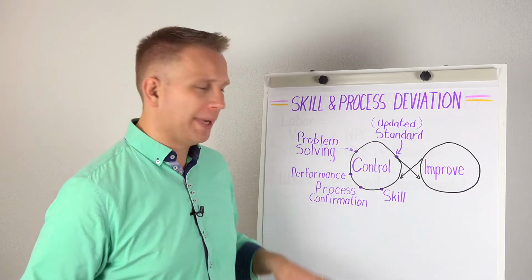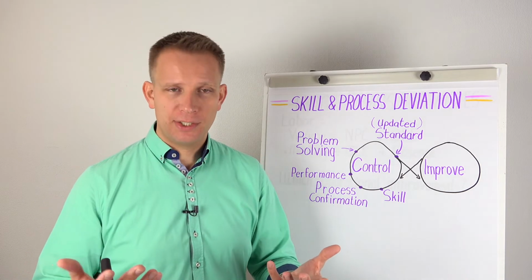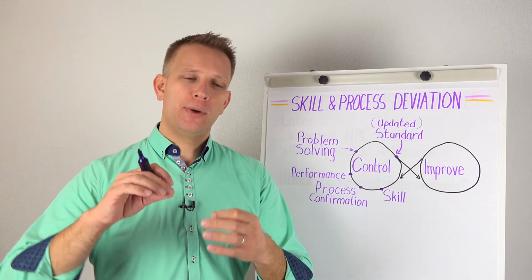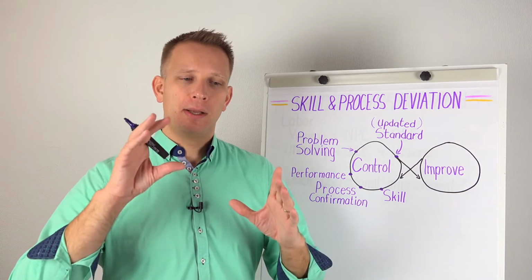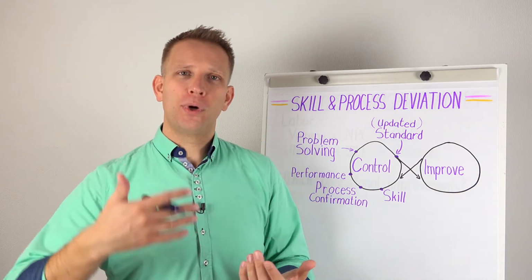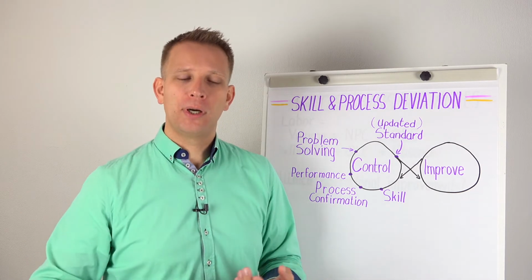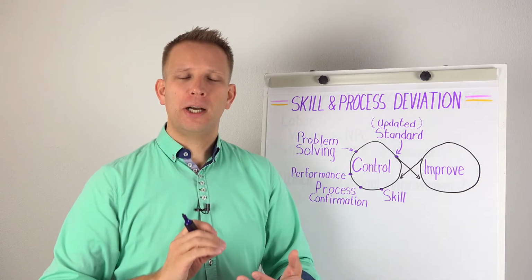For process confirmation, make a system, and I would advise that you use something like a T-card system, but make a system where you have process control rounds. These are standard defined lists of basically what to check. So it's sort of a checklist for a management round on the floor, where you specifically ask to confirm a couple of processes.